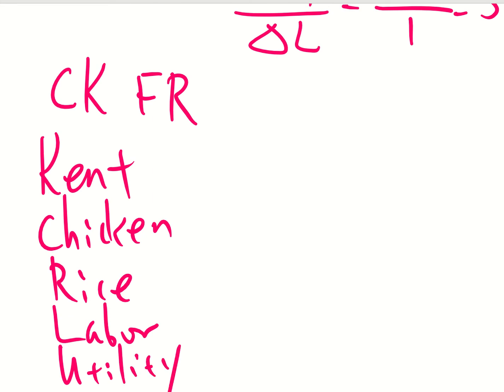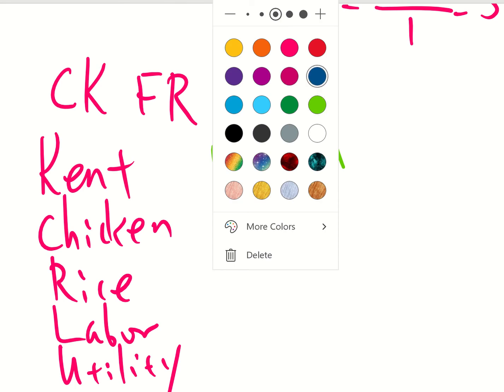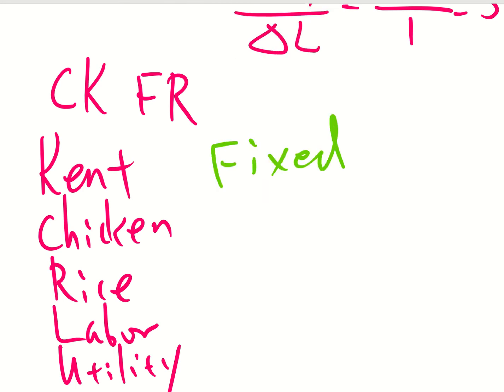Now my rent is fixed, so it doesn't matter how much I produce, I pay the same amount for rent. But for my chicken, if I produce more chicken fried rice, I need to buy more chicken, right? So my total cost for chicken will increase. So this is not flat, it changes, so it's variable.